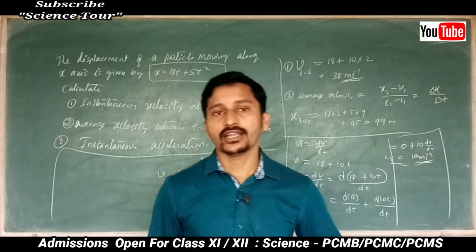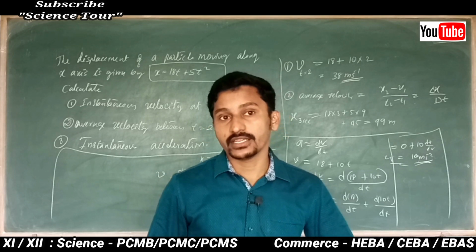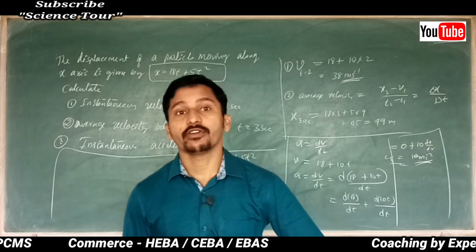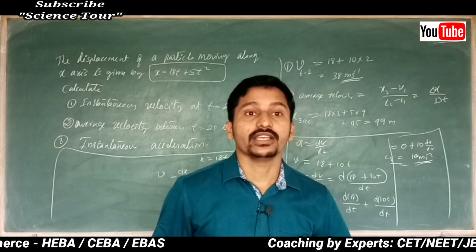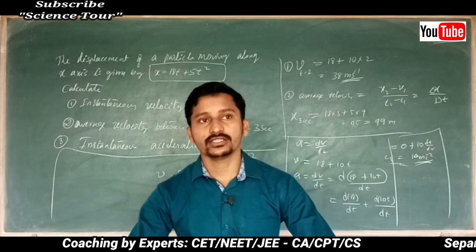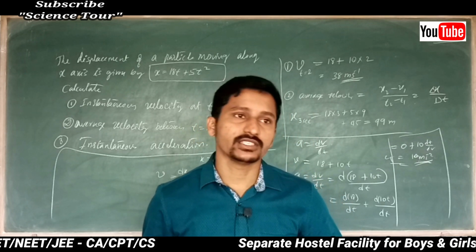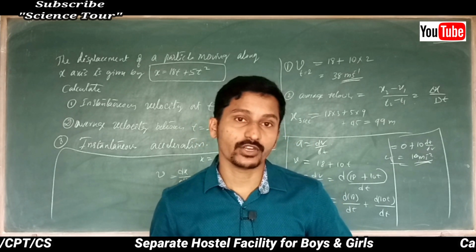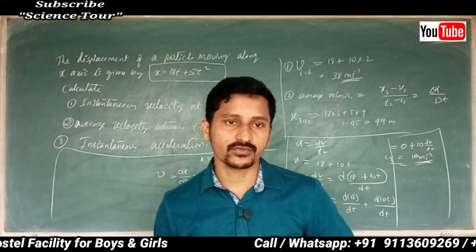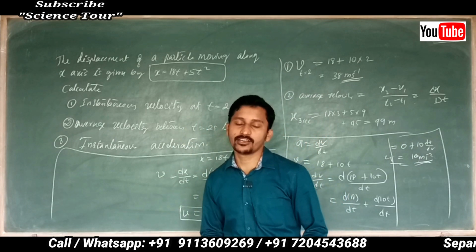The area under the velocity-time graph gives displacement, the slope of the position-time graph gives velocity, the slope of the velocity-time graph gives acceleration, and the area under the acceleration-time graph gives change in velocity. After that, the kinematic equations: x is equal to v naught t plus half at square, v is equal to v naught plus at, and v square is equal to v naught square plus 2ax. After that free fall, reaction time, stopping distance, relative velocity.